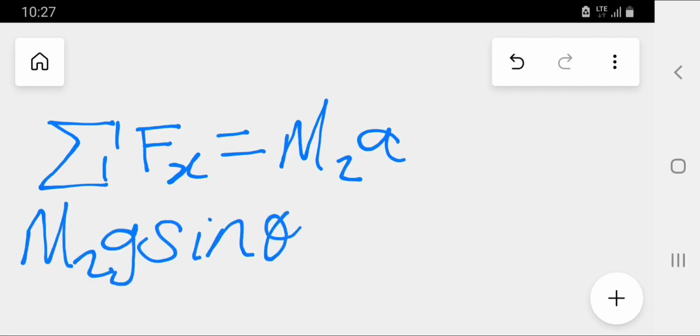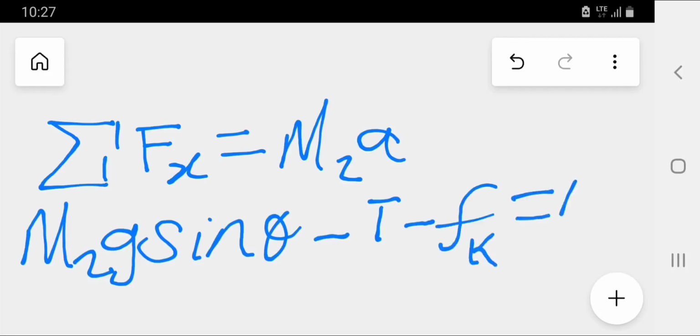What was being pulled against here was, 1, the tension, and then 2, the kinetic friction, which was put as well. And this is the same as mass 2 times acceleration. So this is how you're supposed to identify the path on how to undergo this problem.